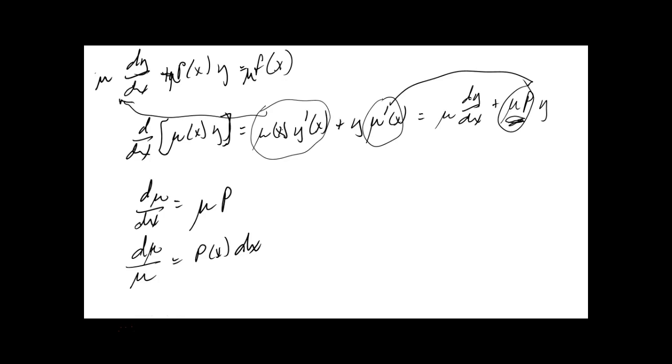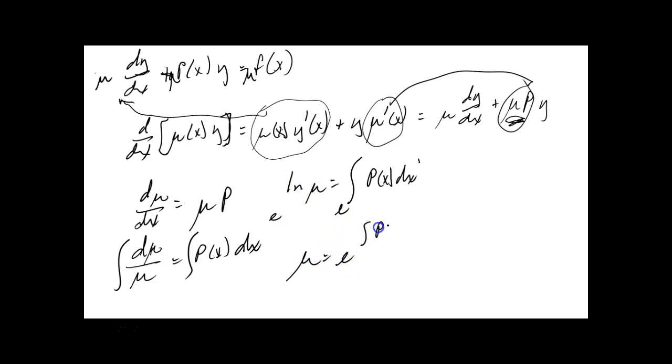Let's integrate both sides of that. And what do we get? Natural log of mu is equal to the integral of p of x dx. Okay? Now, how do you solve that for mu? How do you undo a log? We'll do e to both sides, and e to the log mu would be mu. So mu would be equal to e to the integral of p of x dx.